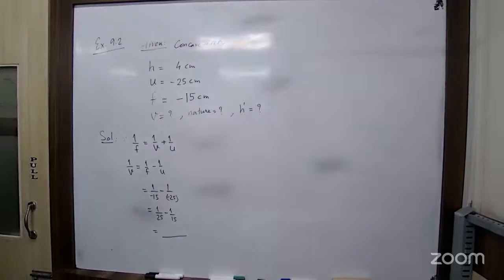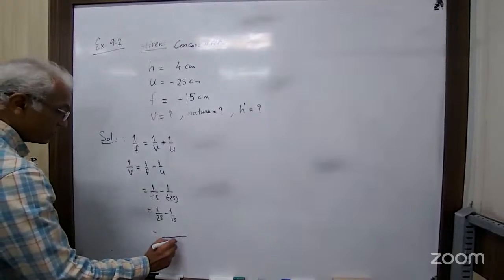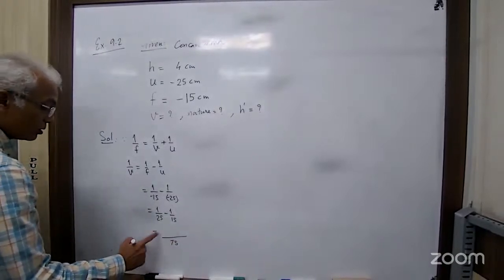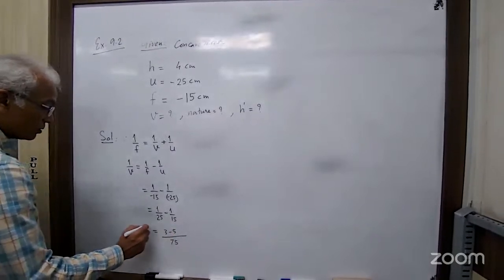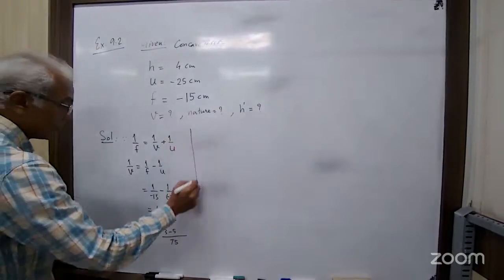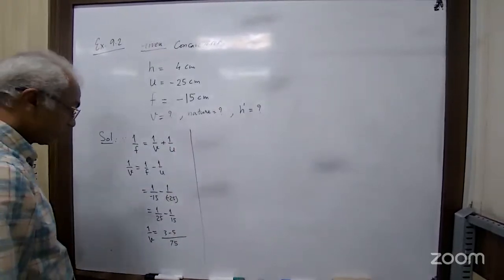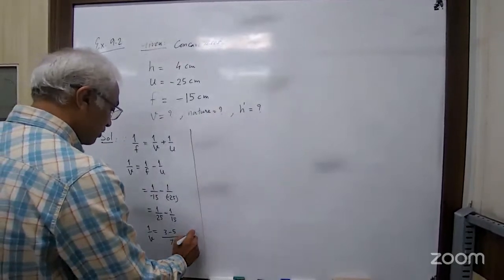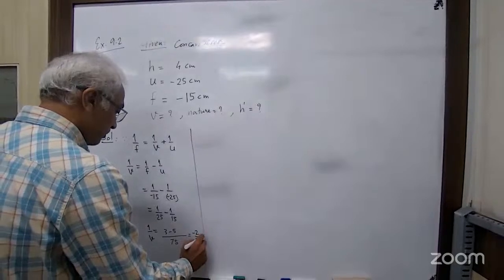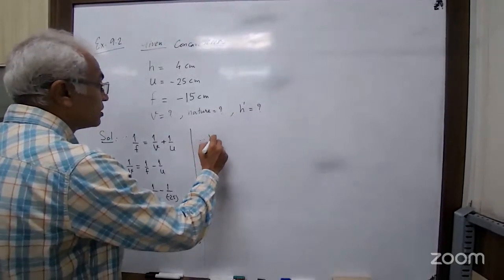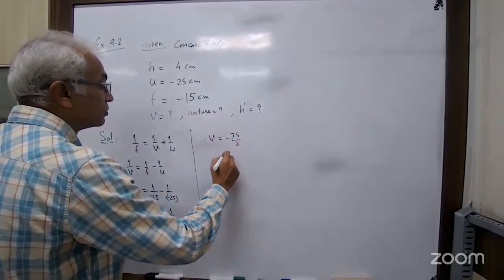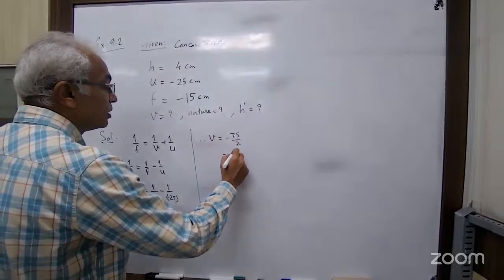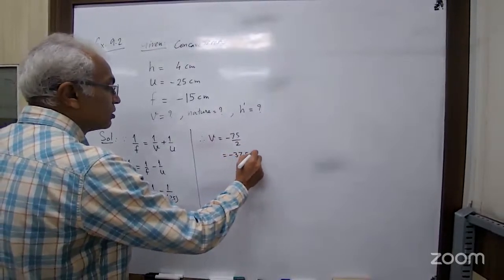LCM of 25 and 15 would be 75. This means minus 3 minus 5, which means minus 2 by 75. Therefore, V is equal to minus 75 by 2, which is minus 37.5 centimeters.